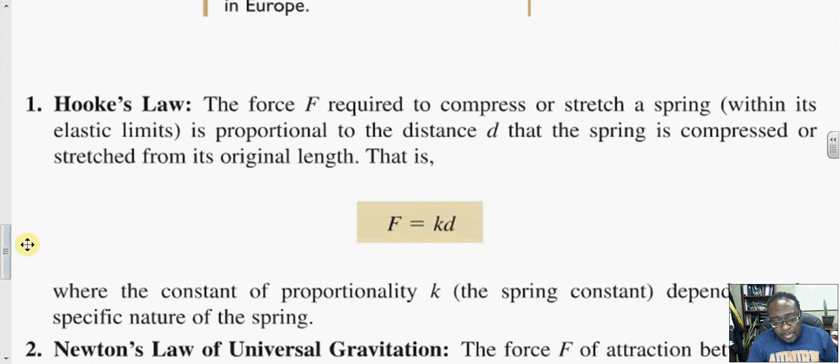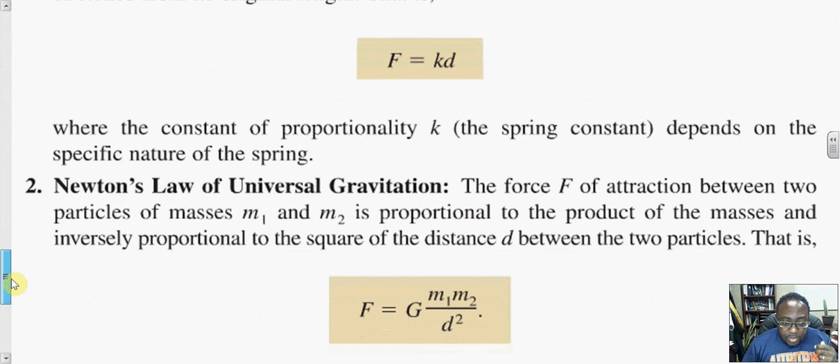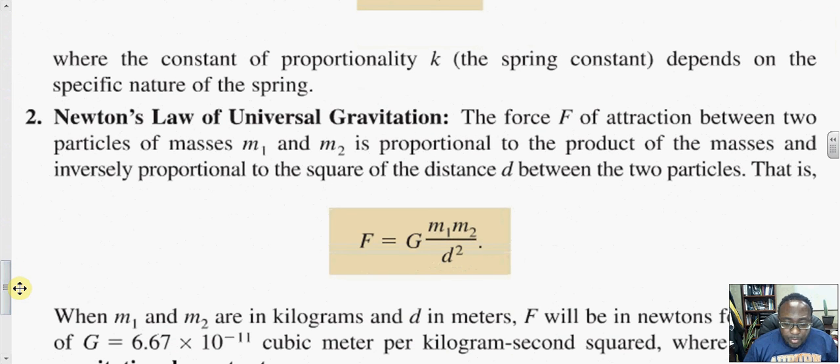Hooke was dealing with a spring that's being compressed or extracted and trying to calculate the force from that spring by using the spring constant K. We call that the constant of proportionality. So we get force that way according to Newton's second law. We're also able to calculate the force based on gravitational pull from two particular masses.